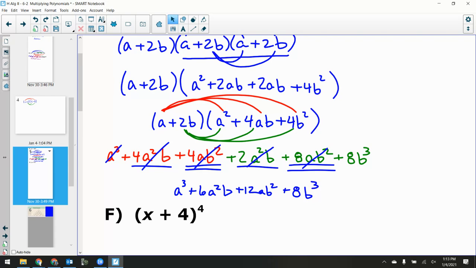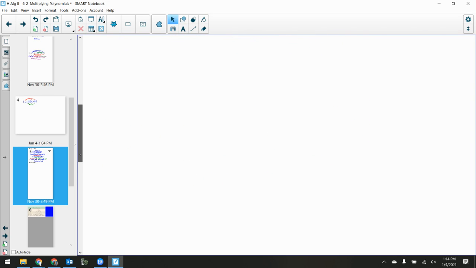So I've tried to really emphasize the shorter curl to make it look different from my b's. You start from the inside too? You write it like that? It just looks like a spiral, like a curlicue. I know. All right, x plus 4 to the fourth.